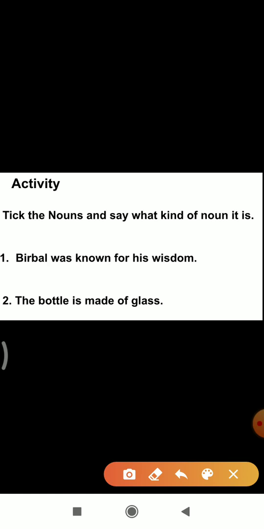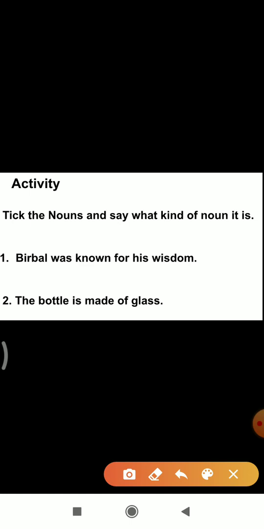Tick the nouns and say what kind of noun it is. So what is our work? We have to first tick the nouns. We have to find out which are the nouns in the sentence which is given, and then we have to find out what kind of noun it is.